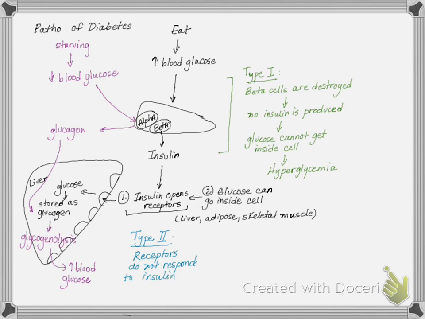Okay, so if the receptors don't respond to insulin, that means that glucose cannot get inside the cell. And if glucose can't get inside the cell, then that also results in hyperglycemia.